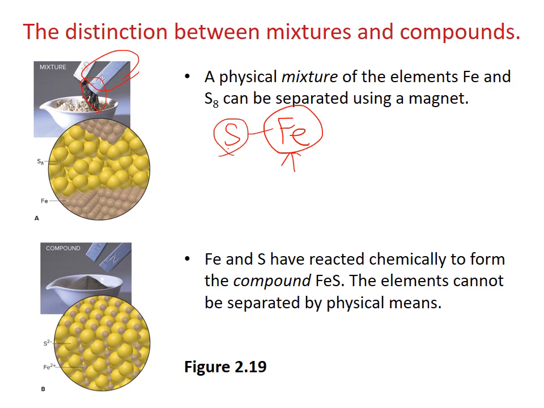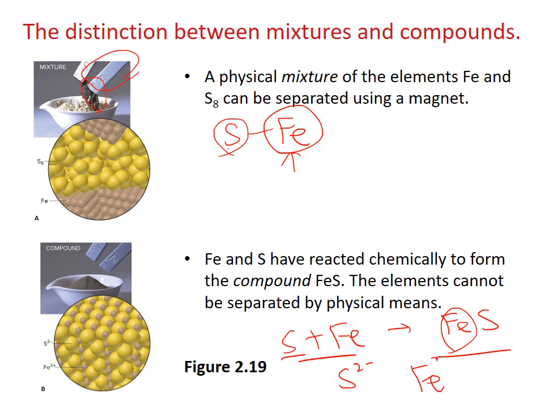When sulfur and iron react, it forms a compound. So now it's not a mixture anymore, because sulfur becomes sulfide, iron becomes iron 2+, and so they form an array of alternating positive and negative charged ions. So that's a compound.